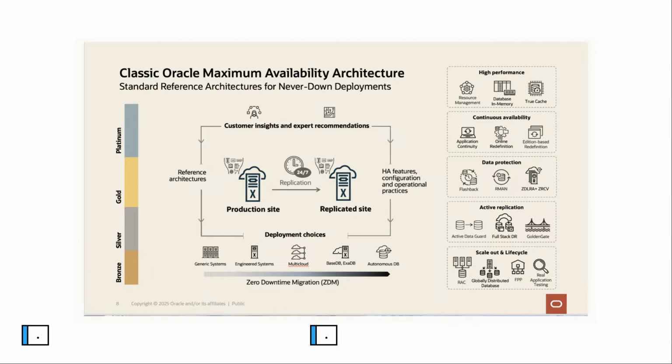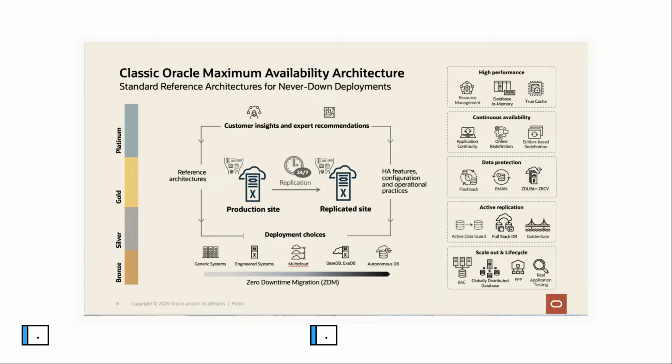It's not a problem. You can implement MAA the same way. As you can see on the screen, we have many different kinds of solutions for scale out and life cycle. We have active replication modes with products. We have data protection, continuous availability, and high performance solutions that you can use.